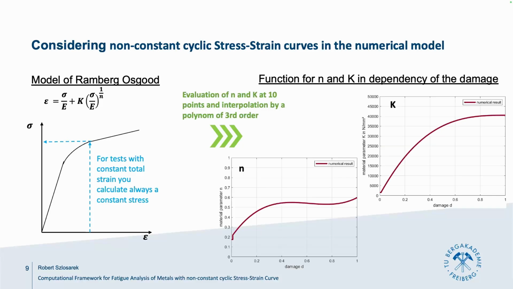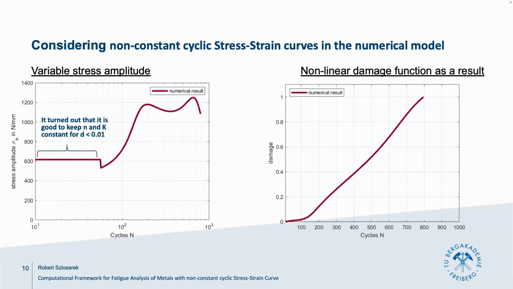When you use this, you get the following results. On the left, these are the tests I already showed, but now we see the curve for the stress from the numerical result. You will see that the stress at the very beginning, the very first 1% of the lifetime, is constant.